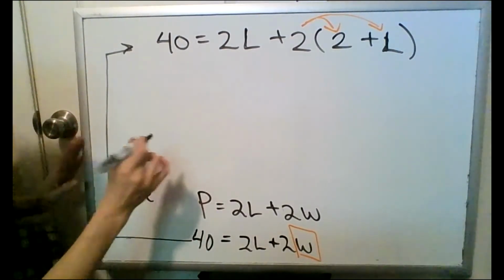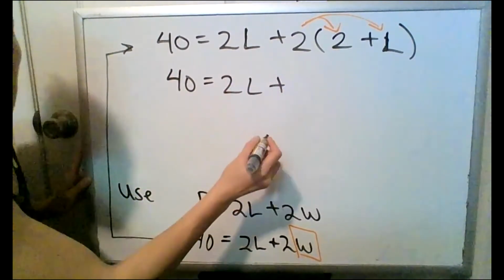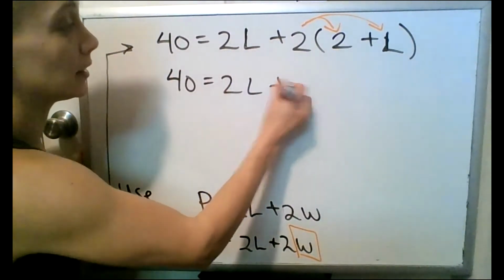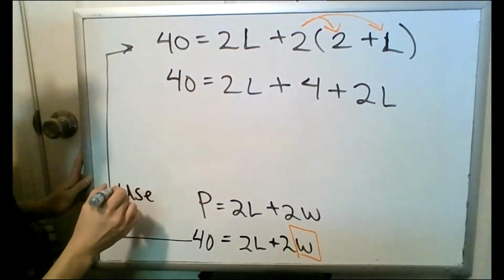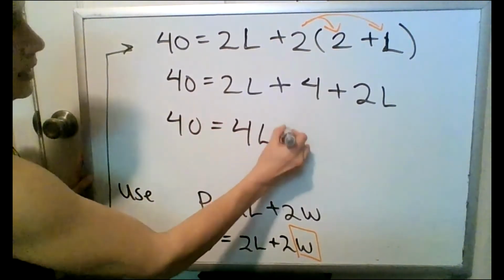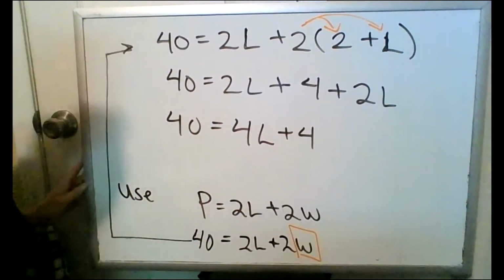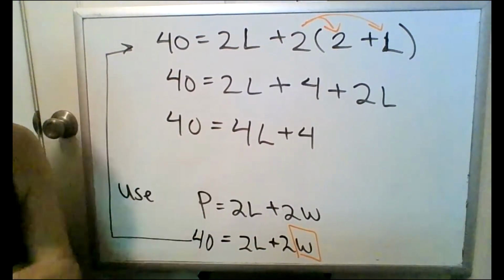And distribute that 2. I have 40 equal to 2L add 4 and then add another 2L. So 40 is equal to 4L plus 4. And then we're solving for L. So let's subtract 4 from both sides.